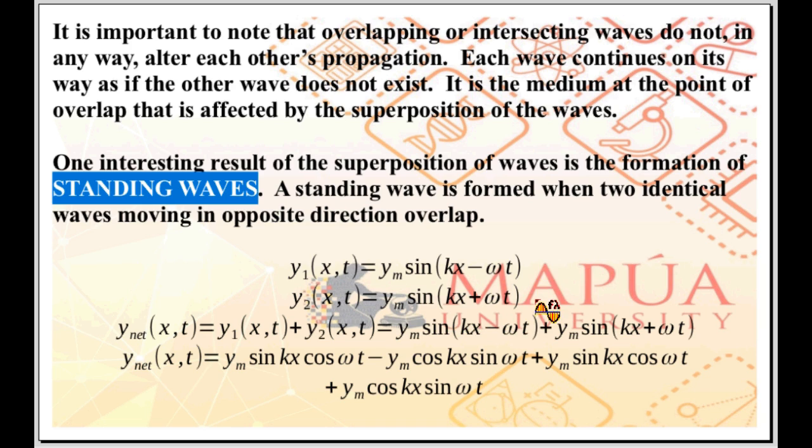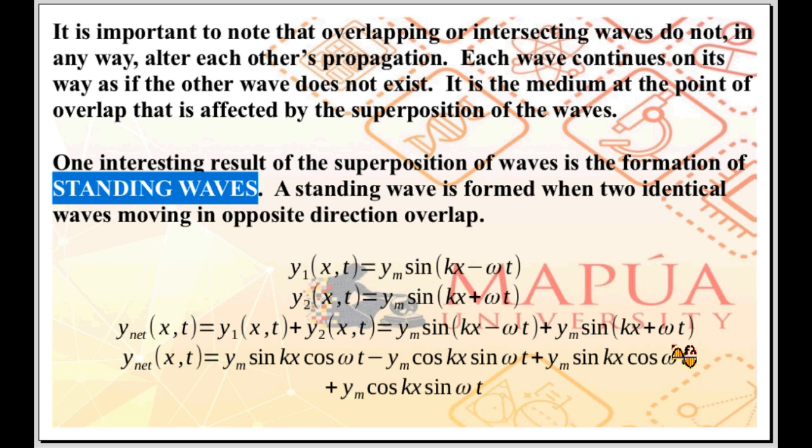Two identical waves, y1 and y2, heading in opposite directions. If we allow these two waves to overlap, we have y net equal to y1 plus y2.